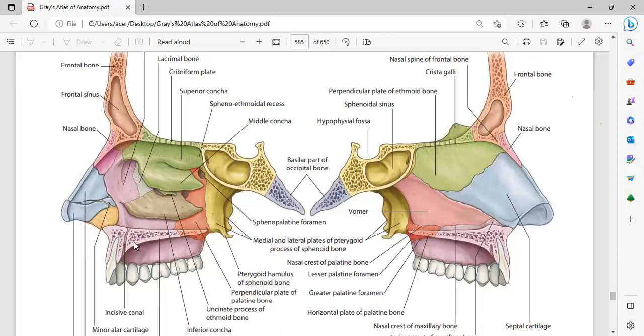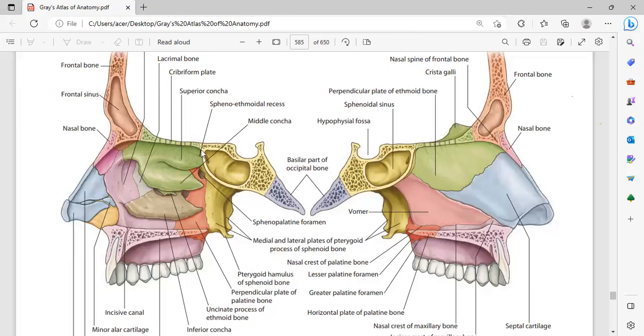Then you have these. Remember we talked about the meatus. There are different structures which enter each of these meatus. So let's go from top to bottom. Here we have the superior concha. The space superior to the superior concha is called the sphenoethmoidal recess.